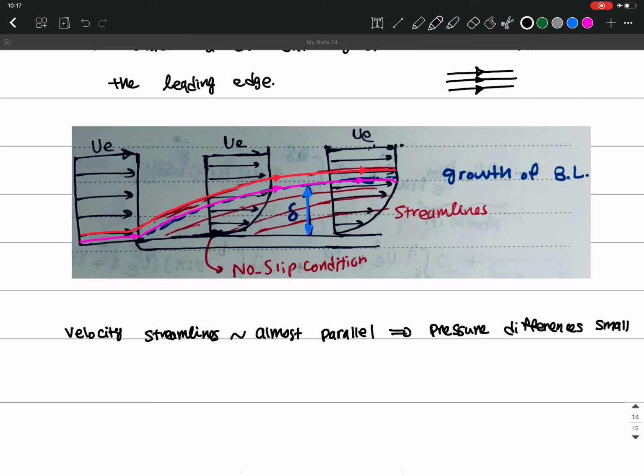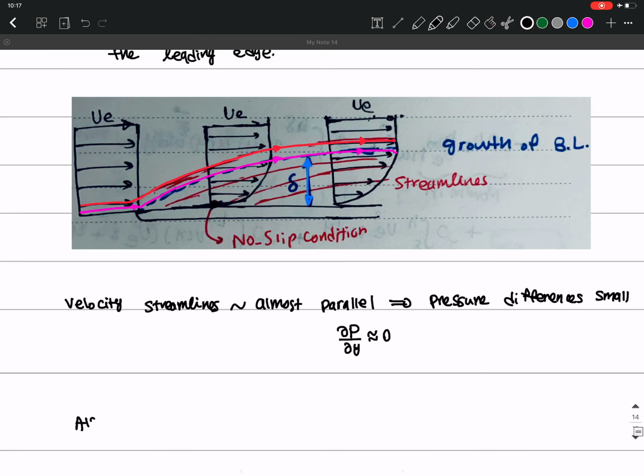Meaning that partial P over partial Y is small. Because the velocities are parallel, they are not changing, so we can assume this. In the x direction, it's the same thing.